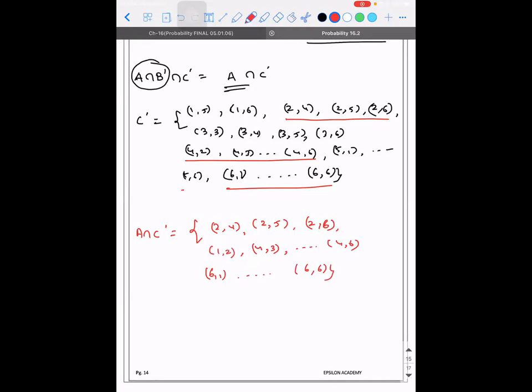Right? So this is A intersection C dash. Got it, guys?